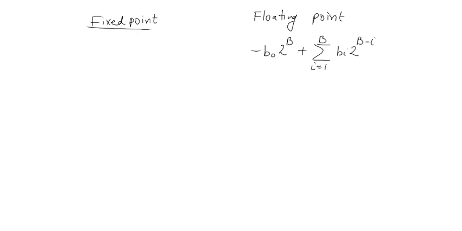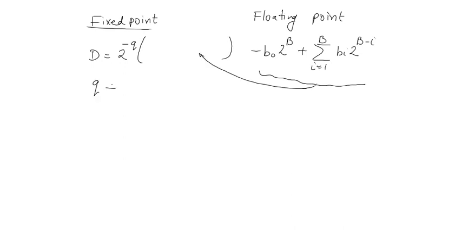But in the case of fixed point, the decimal equivalent has an extra factor of 2 to the power minus q compared to this one, where q is the number of fractional bits.